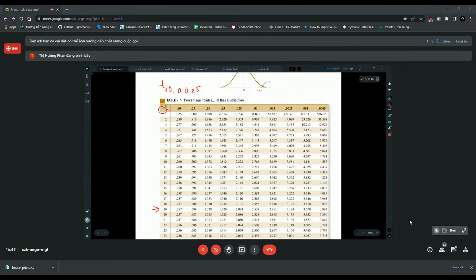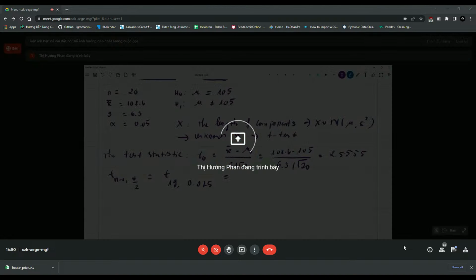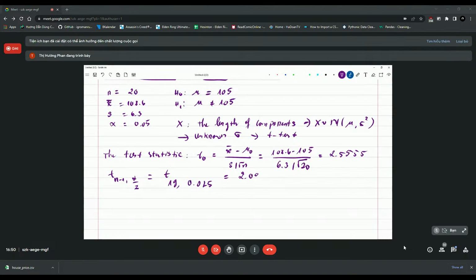In the first column, we have 19. The probability corresponds to the label in the first row, I have 0.025. So we have 2.093. So I return to the board. We have 2.093.